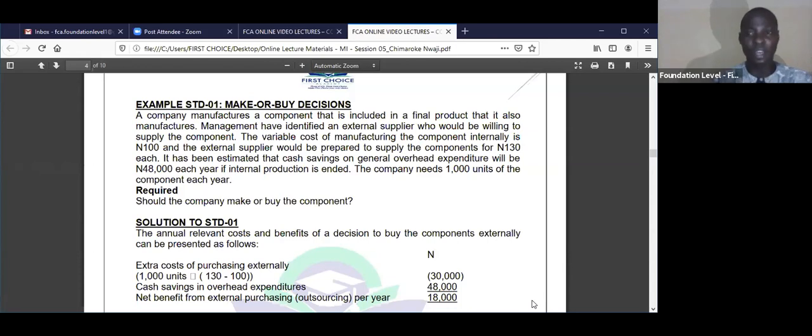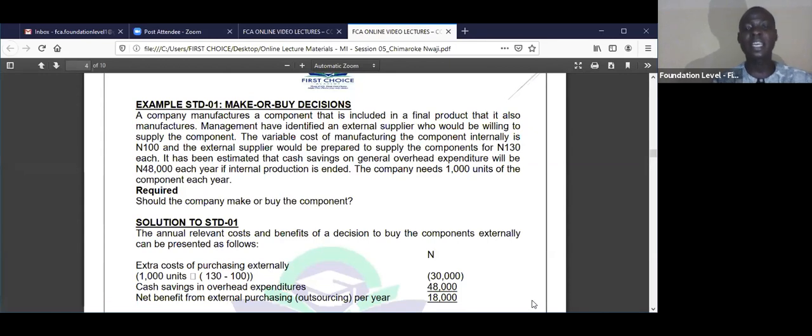If it is external, you will spend 100 naira, no doubt, plus 30 naira, which is the incremental cost. So you can see why we say 130 minus 100.